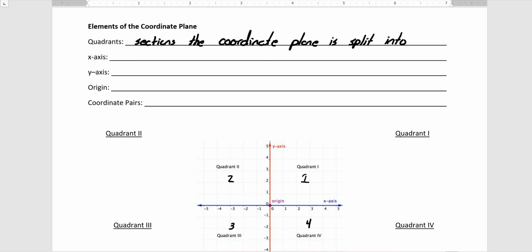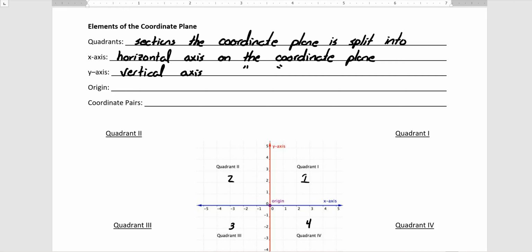The x-axis is the horizontal axis on the coordinate plane. And then the y-axis is the vertical axis, also on the coordinate plane.